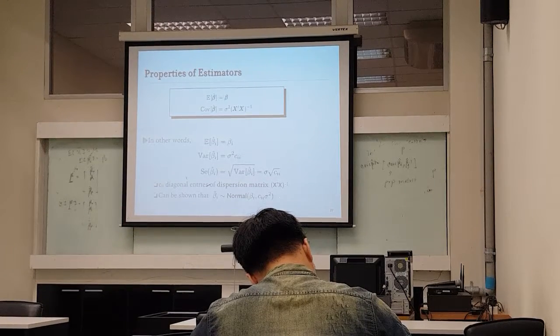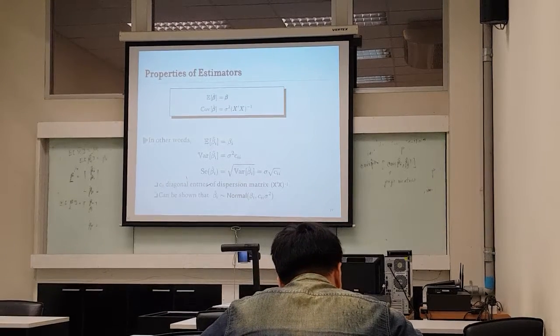Sigma squared is also unknown. It's a residual variance.